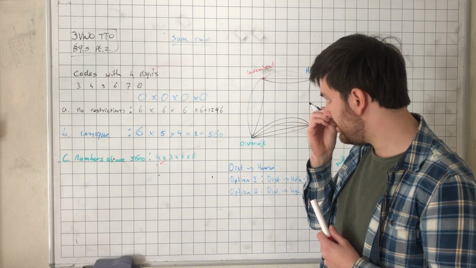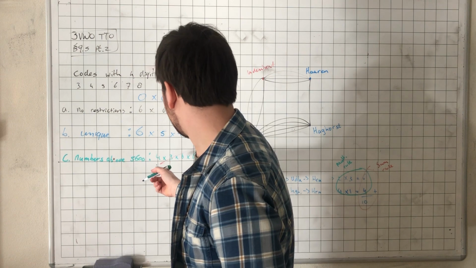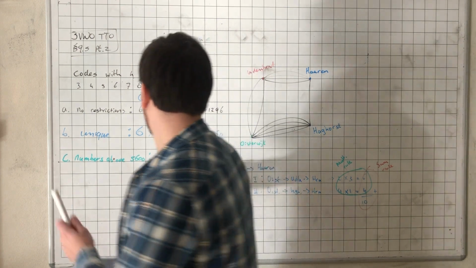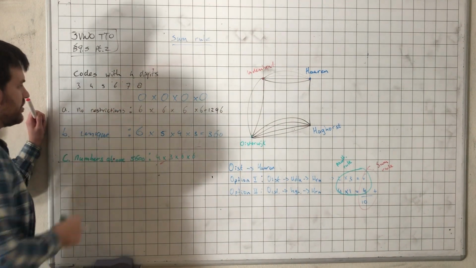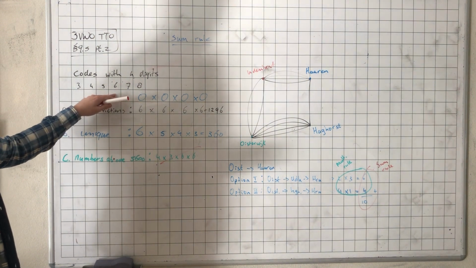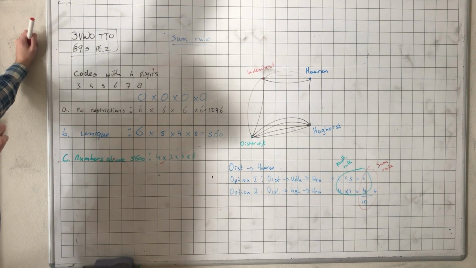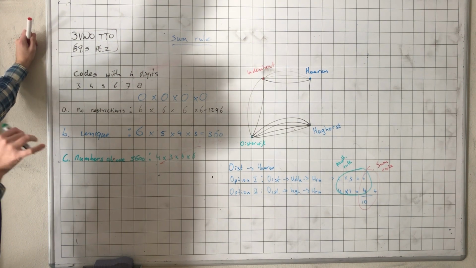Why? It's basically because if the first number is a 5, the second number also determines how many options I have over there. Okay, what does that mean?